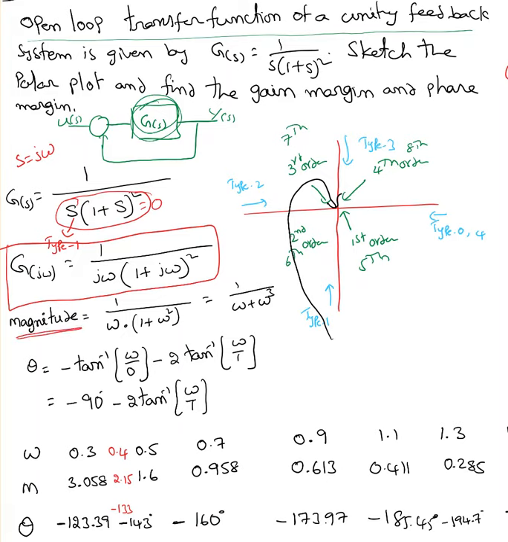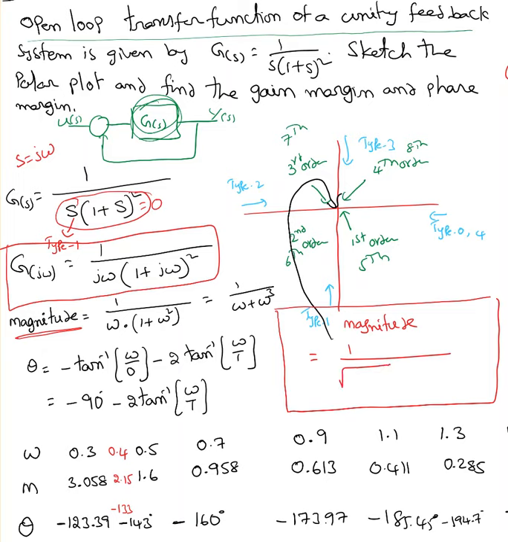So the magnitude is equal to 1 over the square root of, here I have the real part as 0, so 0 squared plus omega squared, times the square root of 1 squared plus omega squared, and I have a whole square. This is the magnitude. When we simplify this, I'll end up with that equation.